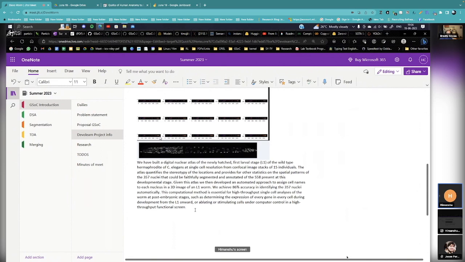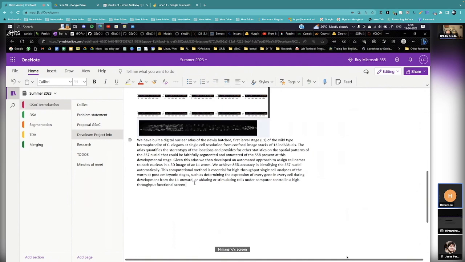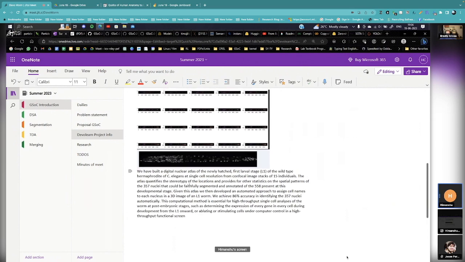They segmented and developed 558 annotations at the developmental stage out of the 357 nuclei that are present in the worm. They also did annotations manually as well as used a computational method on the dataset. So after completing the model, I'll be running it on this as well.